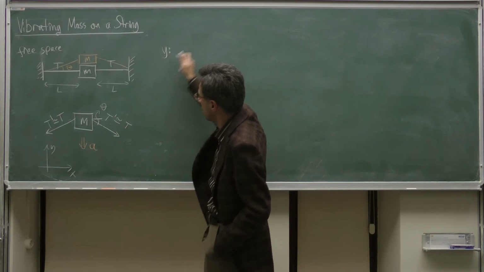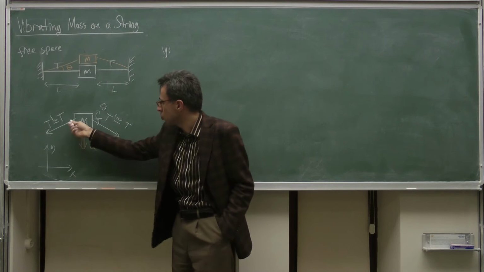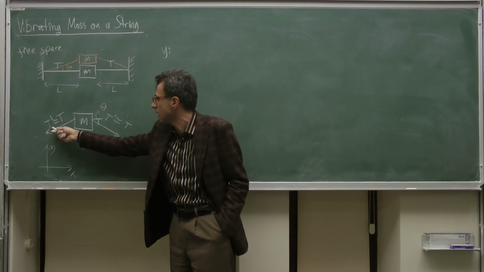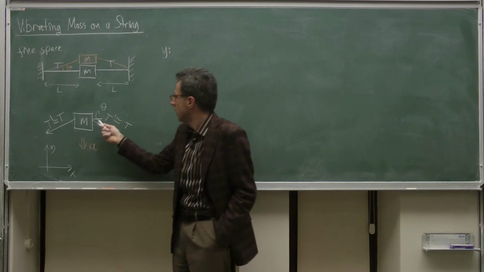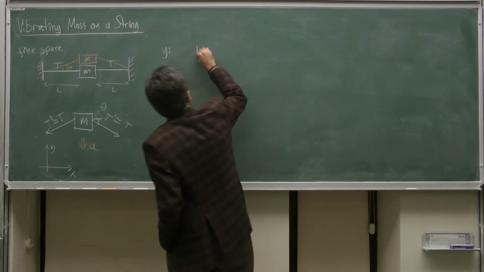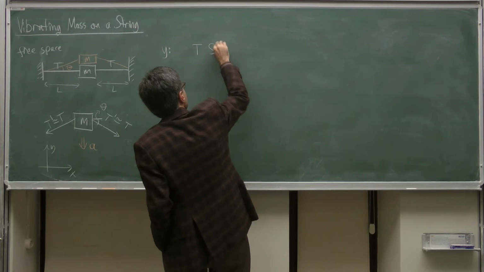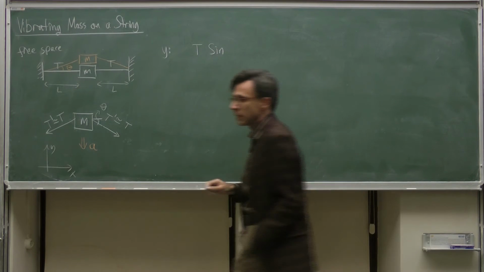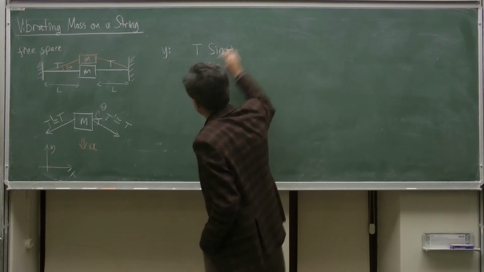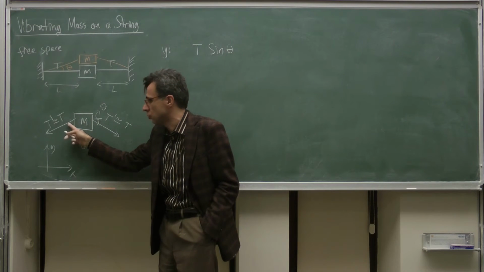sides of the equation. So the contribution of this force in the y direction is going to be the tension T prime multiplied by sine theta. Okay? So T prime multiplied by sine theta. But T prime is approximately equal to T, so I just omit the prime part, T sine theta. This is the contribution coming from this tension.